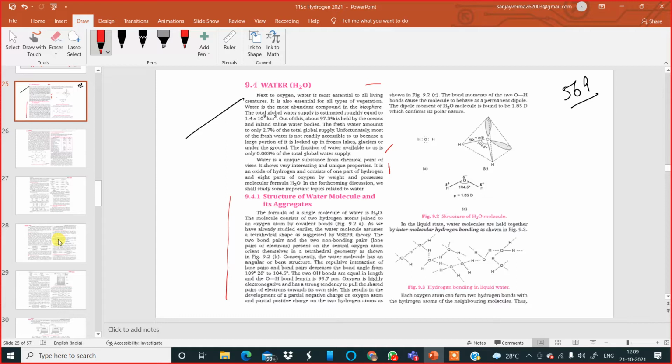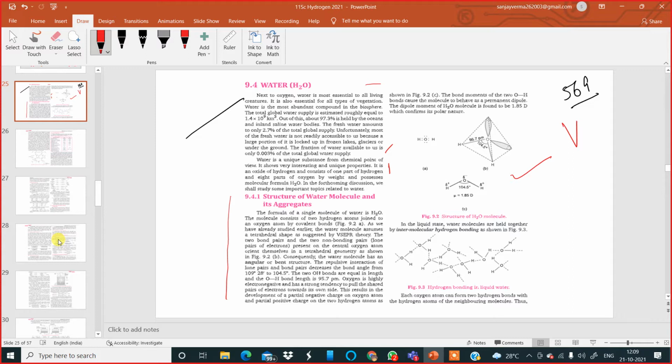The two bond pairs and the two non-bonding pairs, that is lone pairs, present on the central oxygen atom orient themselves in a tetrahedral geometry as shown in the figure. Consequently, the water molecule has an angular or bent structure, or we can say a V-shaped structure.